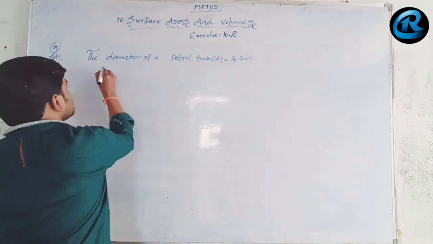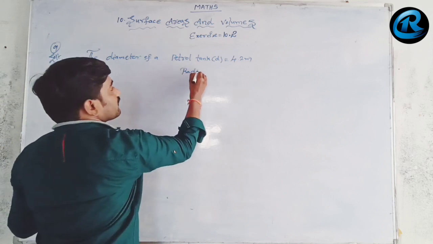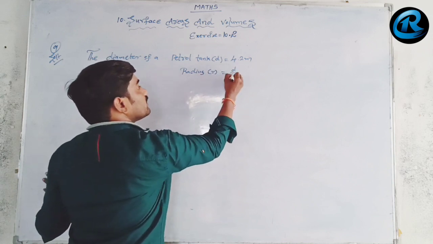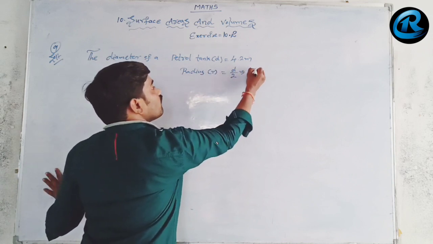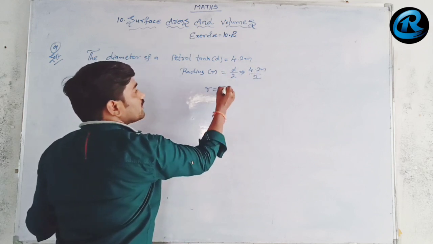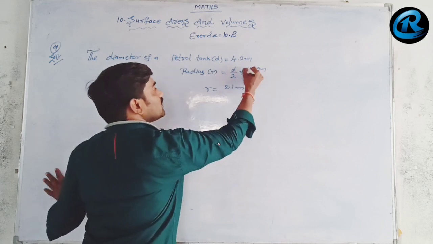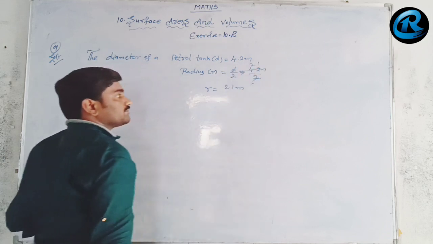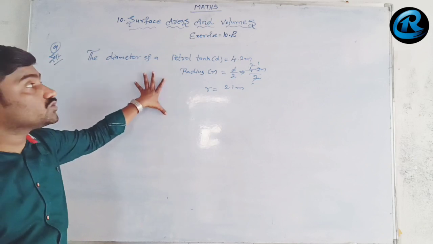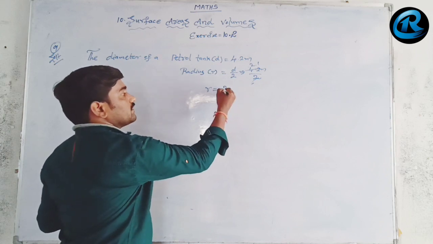Then what will be the radius? The radius R equal to D by 2, that is 4.2 meters by 2. Then the radius becomes 2.1 meters. So the radius of the petrol storage tank is 2.1 meters.